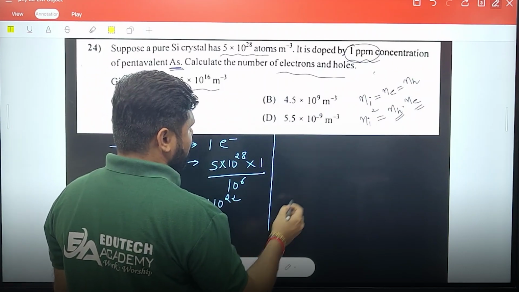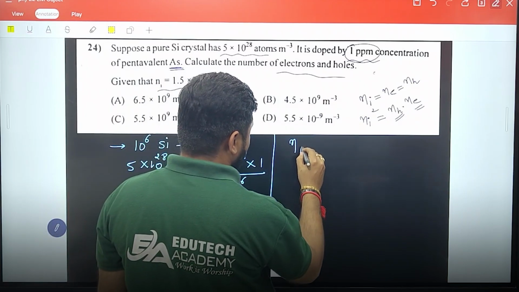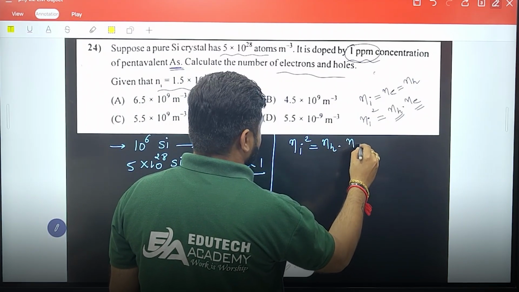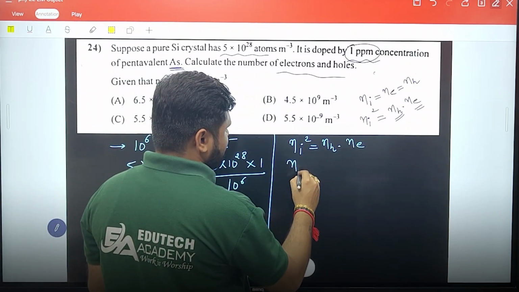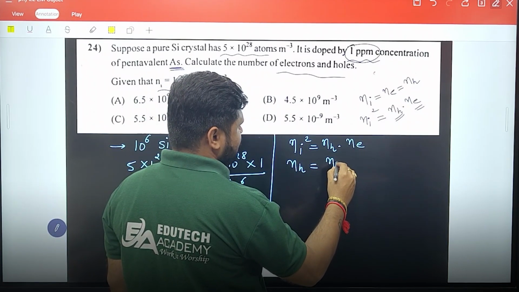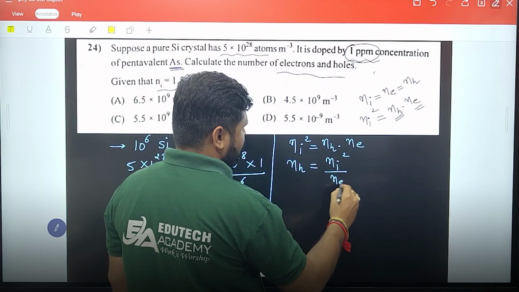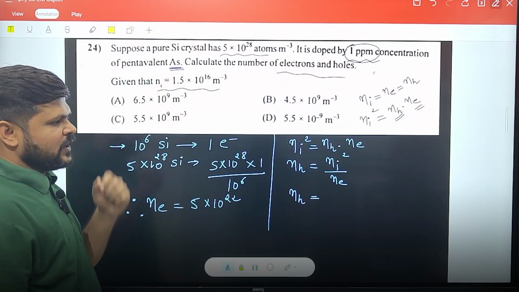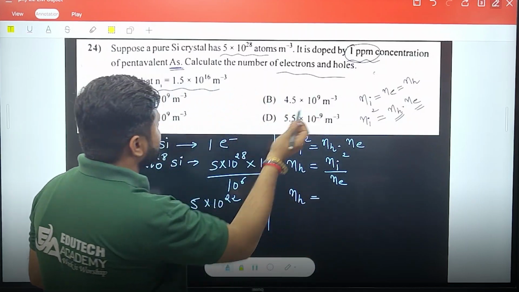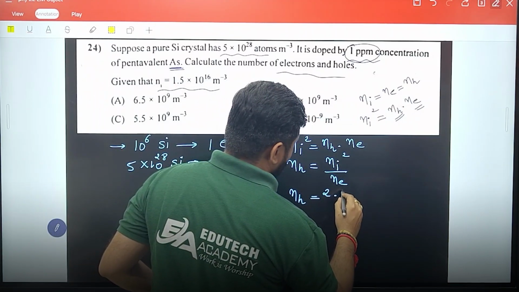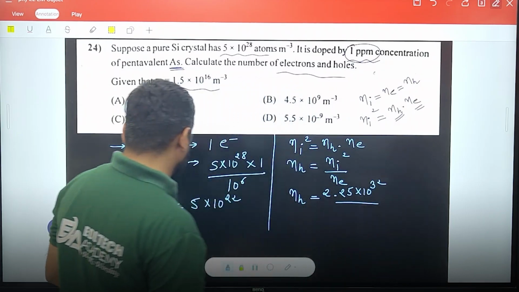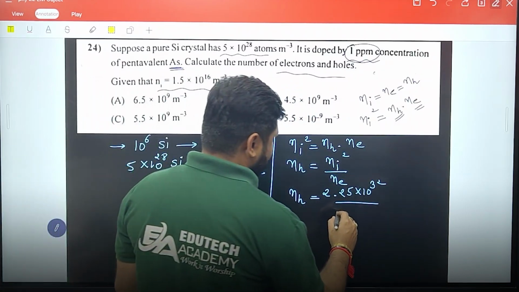Now we will use this formula, that is Ni square is equal to Nh into Ne. Make Nh the subject, that is Ni square upon Ne. We are given Ni, that is 1.5 into 10 raised to 16. Just place its square: 2.25 into 10 raised to 32 divided by Ne, that is 5 into 10 raised to 22.